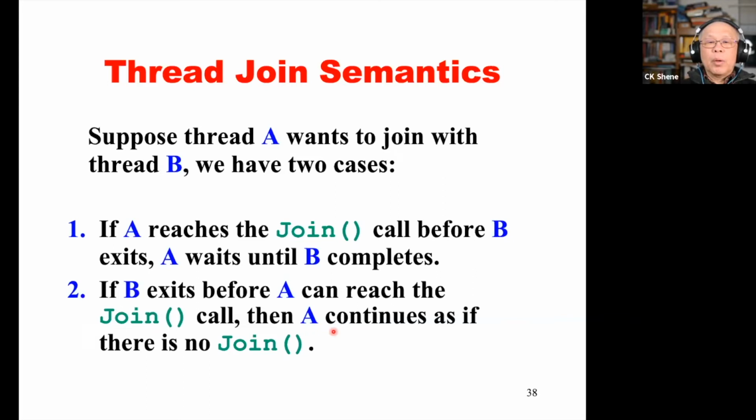An example I have used to illustrate join, these two bullets for join, for probably more than two decades, goes as follows. Suppose you and your brother are living together.